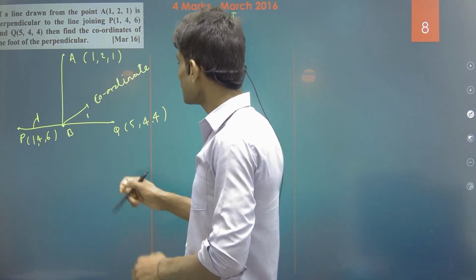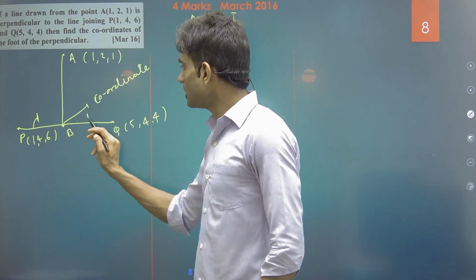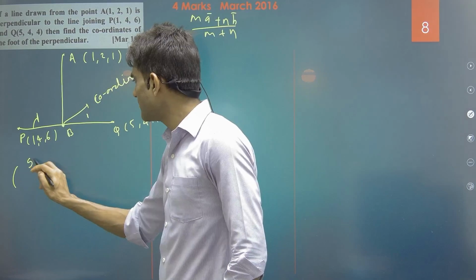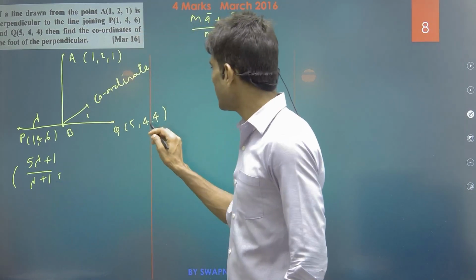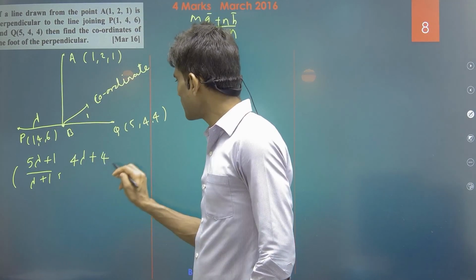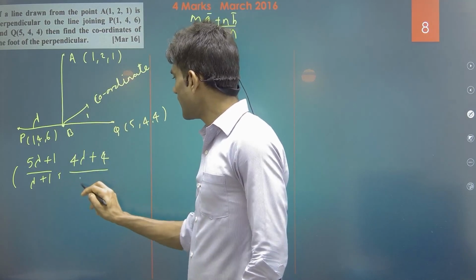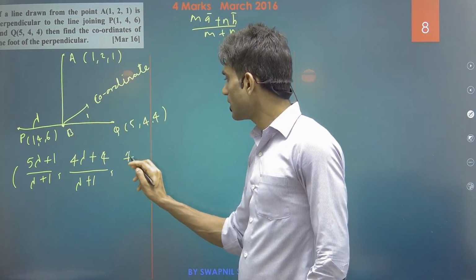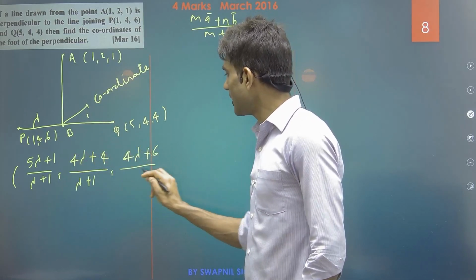The first coordinate is (5 times lambda plus 1 times 1) upon (lambda plus 1). Similarly, the second is (4 times lambda plus 4) divided by (lambda plus 1), and the third is (4 times lambda plus 6 times 1) divided by (lambda plus 1).